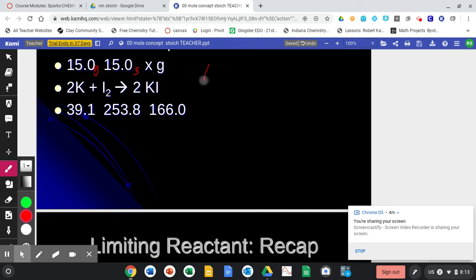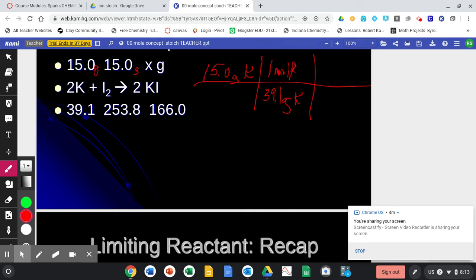So I'm going to start first off with my 15 grams of potassium. I am going to have grams of potassium down here, and that's going to be my molar mass step. So 1 mole potassium and 2 moles of potassium, and I'm going to go to my product, make 2 moles of KI.